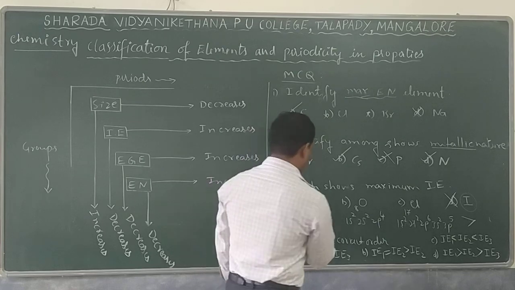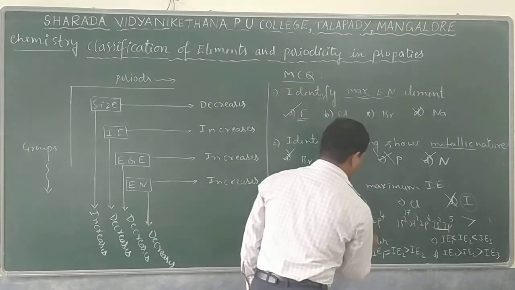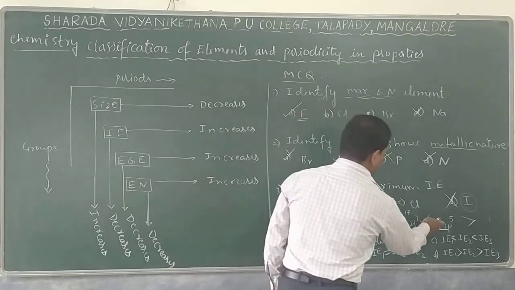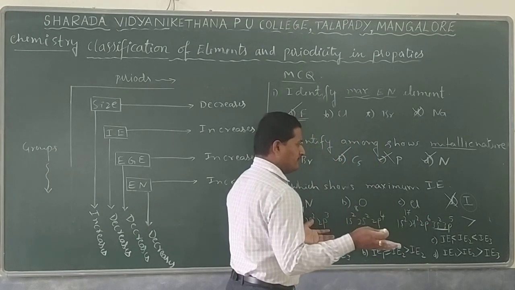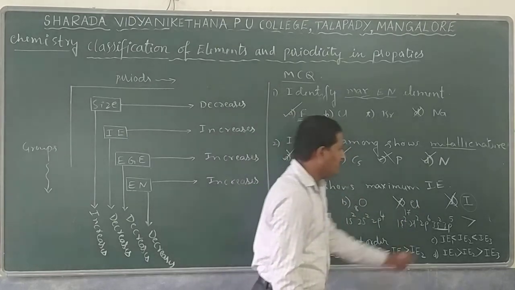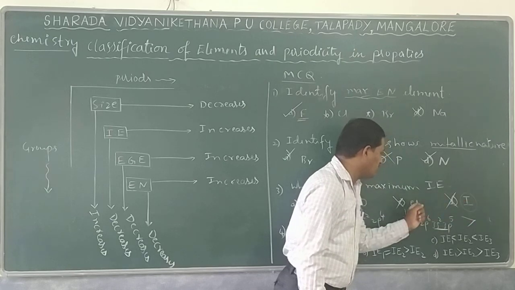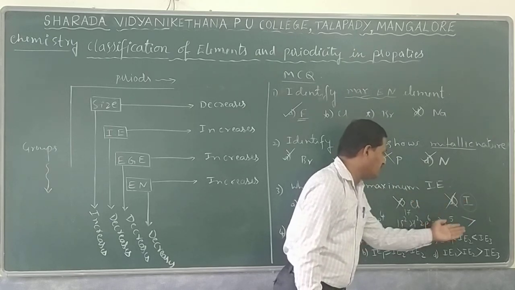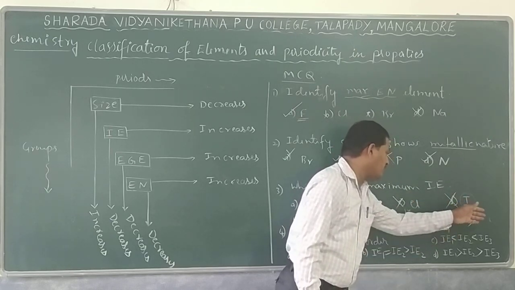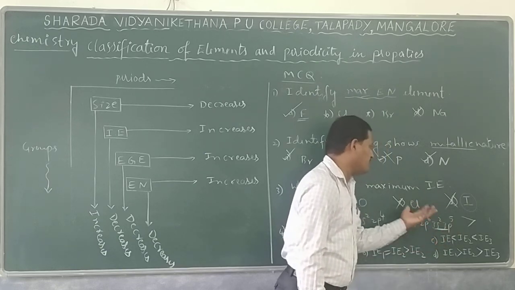In the case of nitrogen, oxygen, chlorine, look at that. Chlorine's shell number is more: third shell, whereas nitrogen is in the second shell. As the shell number increases, size increases and ionization energy decreases, so chlorine is also not the answer. The atomic number of iodine is more than chlorine, so the shell number increases further: it is 4 here, while chlorine is 3.